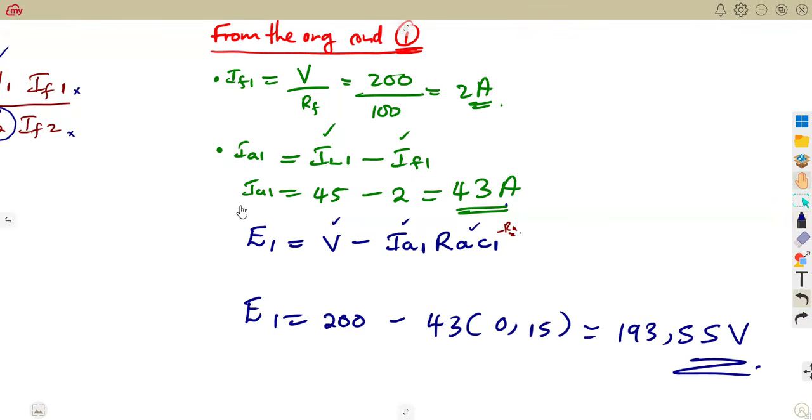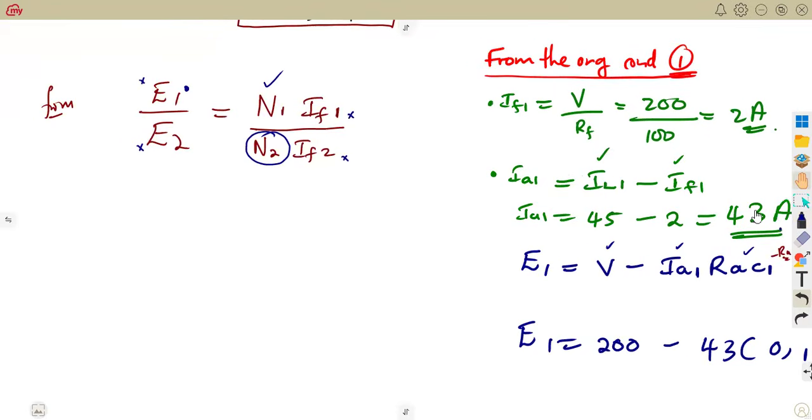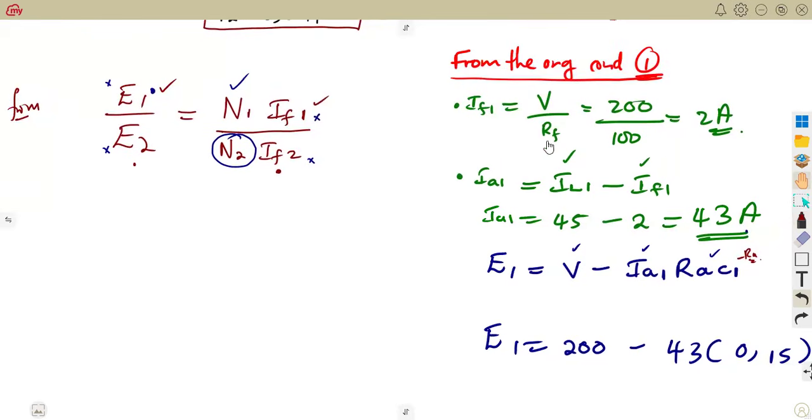Let's go back to our formula and see what is missing again. So this is now there. We calculated the field current, it is now there. This one is now there. So if you check, this one is not there. And this one is also not there. So let's think about this E, this field current, which is of the final condition.